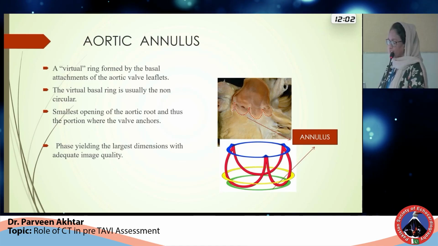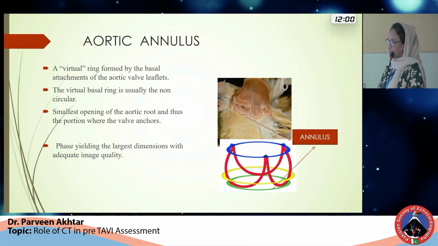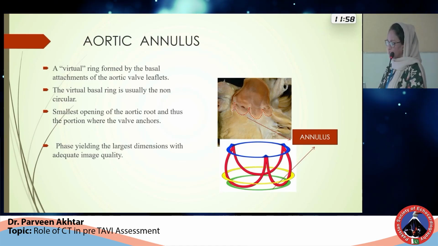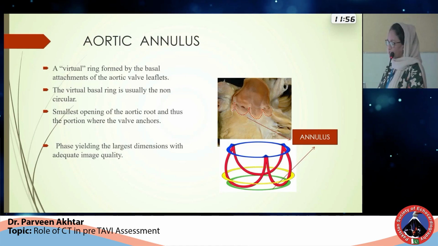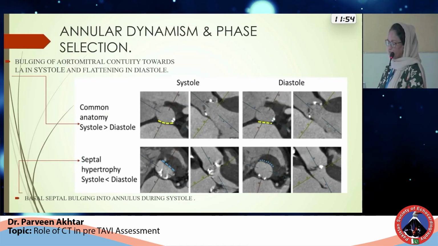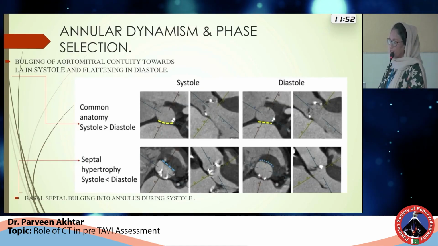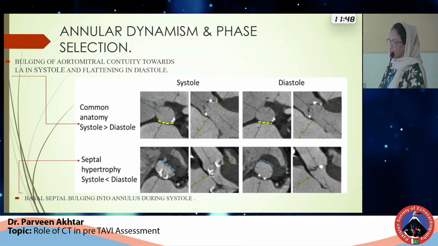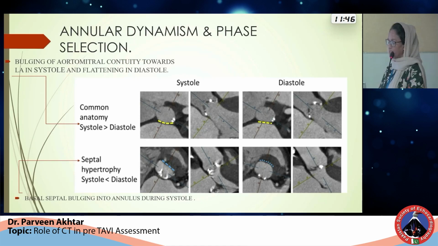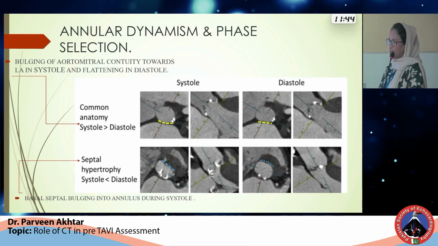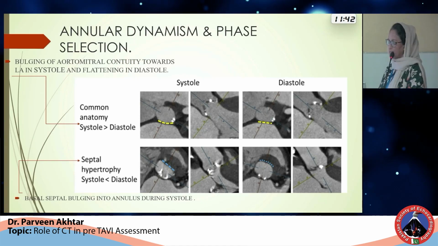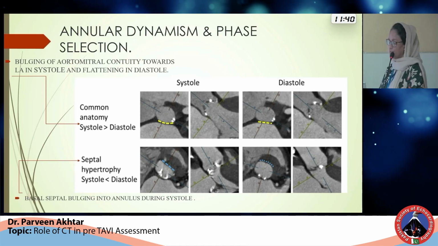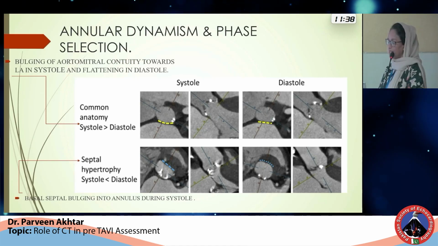The phase you use is where the dimension is the largest with adequate image quality. We usually use the systolic phase, but in case of septal hypertrophy, where the hypertrophied basal septum protrudes into the LVOT and decreases the dimension of the annulus during systole, we use the diastolic phase.